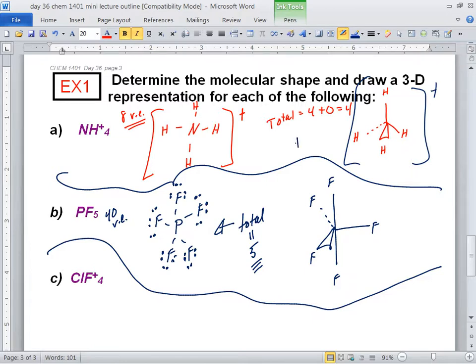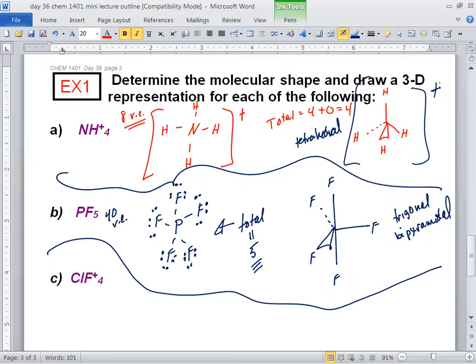Oh, we didn't write names. So what do you name this?